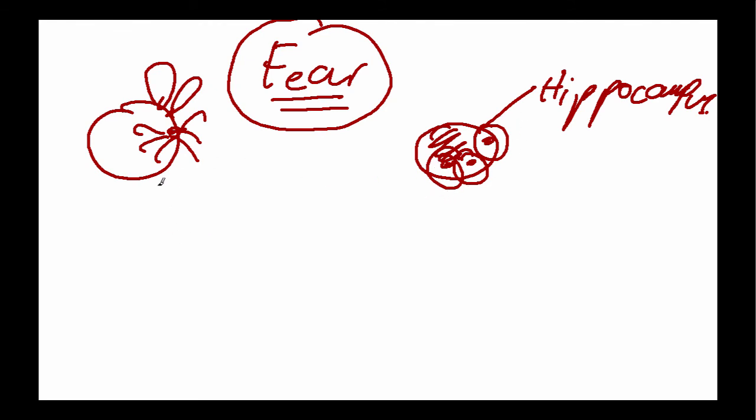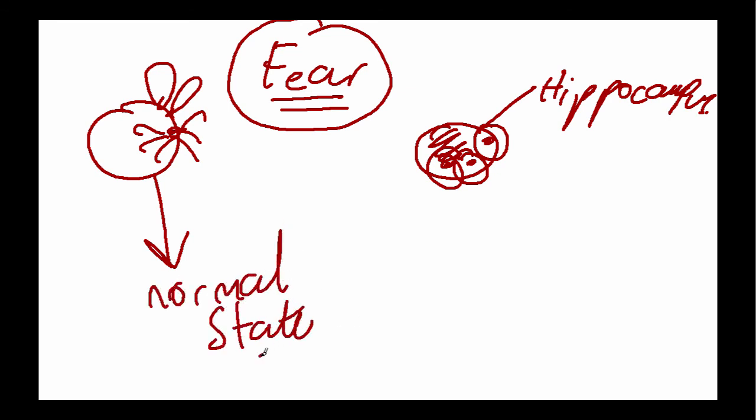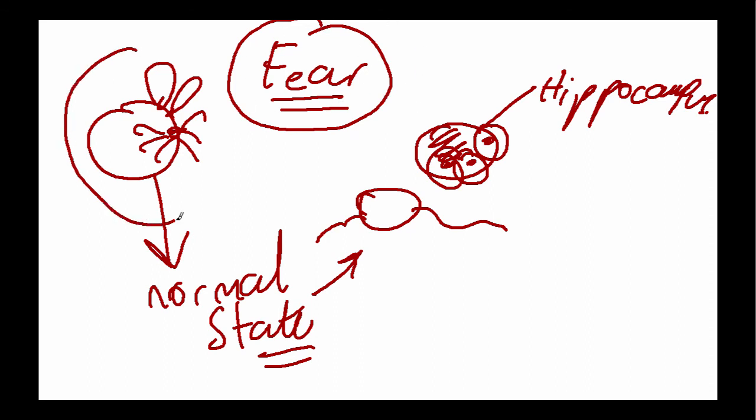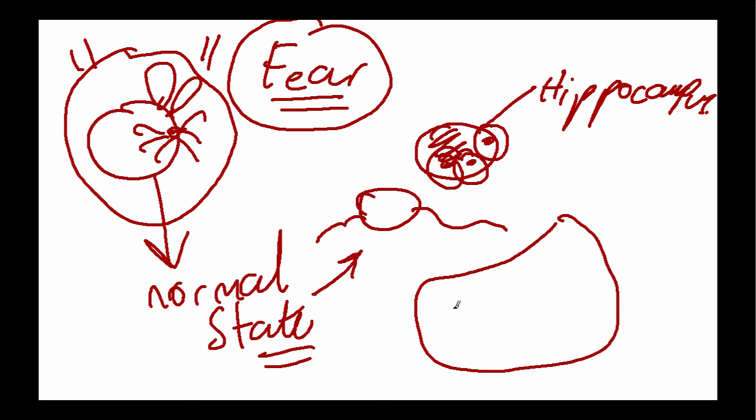When the mice were at a normal state, they introduced a light onto these channeling proteins within the membrane, which activated this fear stimulus, and you could physically see it in the mice because they froze up, they became cold and stiff. This is another example of how you could control specific emotions like this and ultimately get rid of things like depression, because maybe you could introduce a happy environment and allow some happy stimulus.